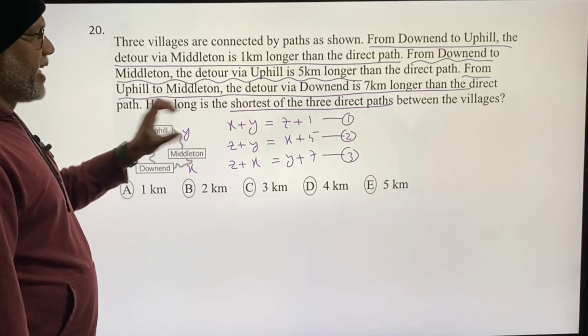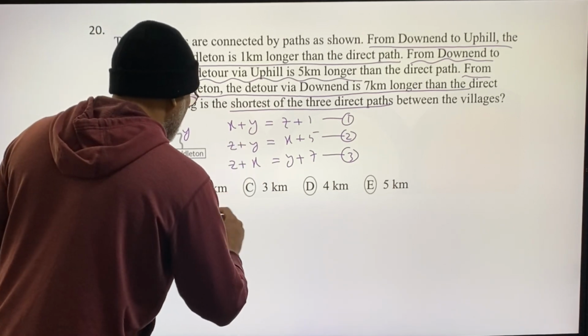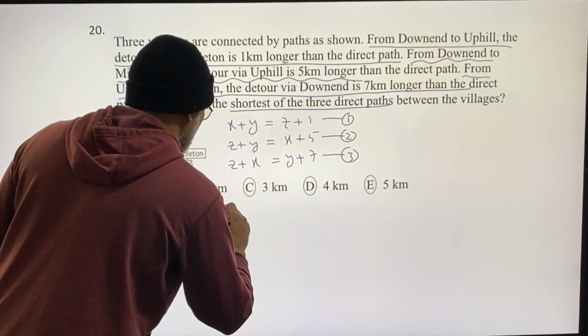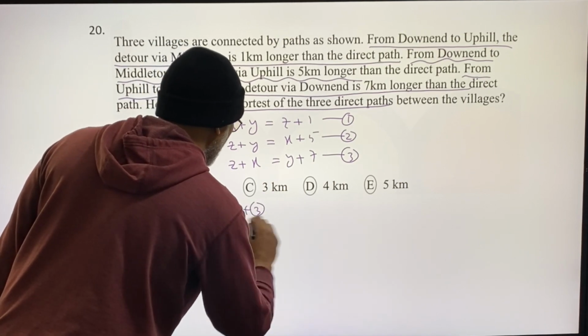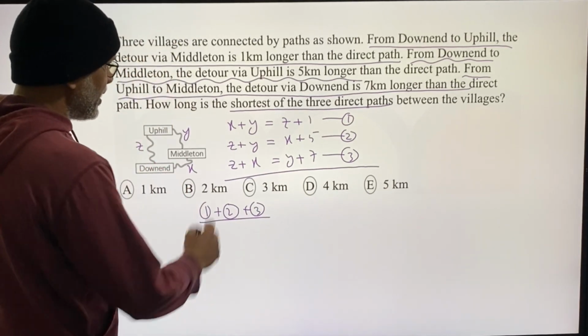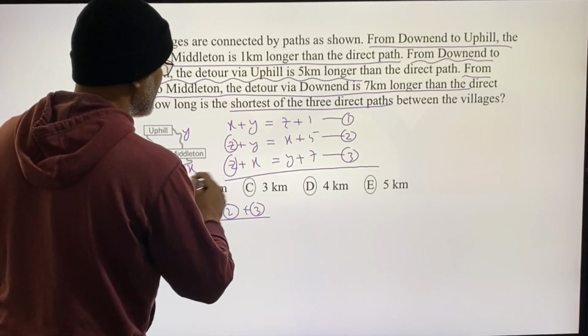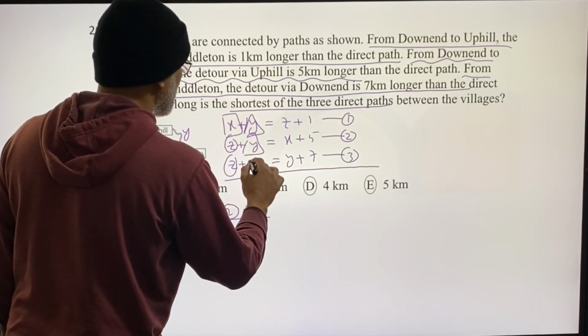Just by staring at these equations, I can add up all three: equation 1 plus equation 2 plus equation 3. I'm adding it up and I'll write the result here. I can see that there are two z's, two y's, and two x's, right?